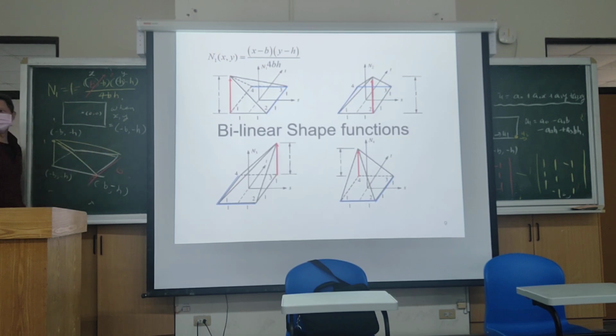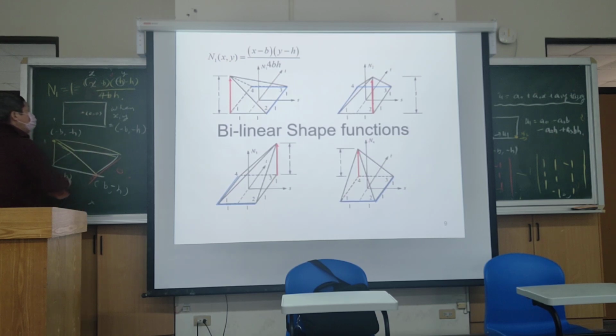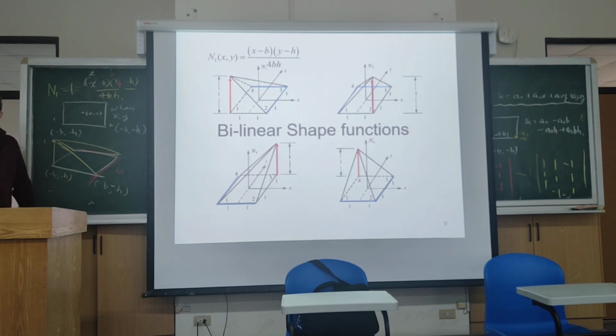So this one is 0. Okay? And even if this is not 0, but if your y, the height, is equal to h, this point is 0. Okay?